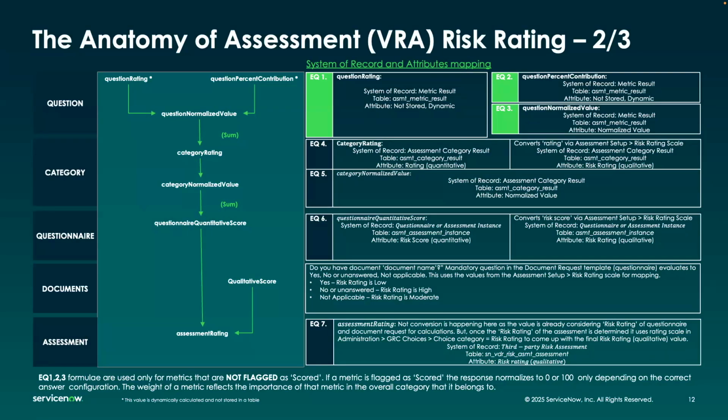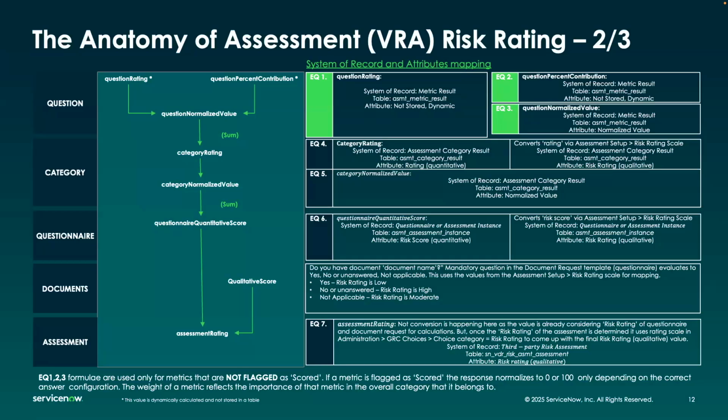Finally, at the overall assessment level, the final qualitative risk rating for the assessment record itself is stored in the third-party risk assessment, SN_VDR_risk_ASMT_assessment table under risk rating. And importantly, the risk rating scale uses the values defined in the administration GRC choices, where the choice category is risk rating.